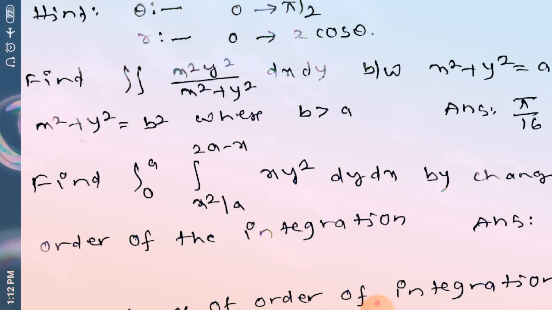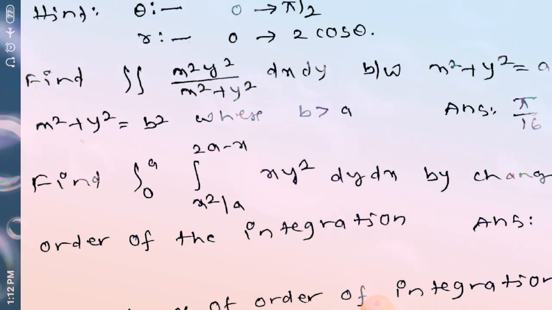When the strip is moving in the common area, it is basically divided into two different parts, lower part and upper part. Just look at the problem, lower part and upper part. In both cases you need to calculate x limits and y limits.